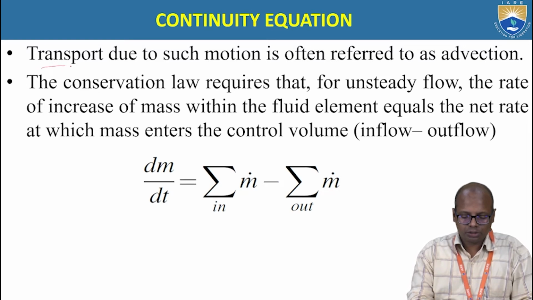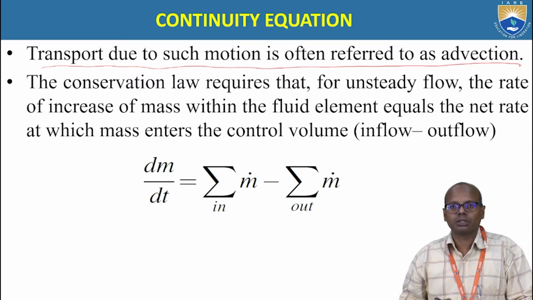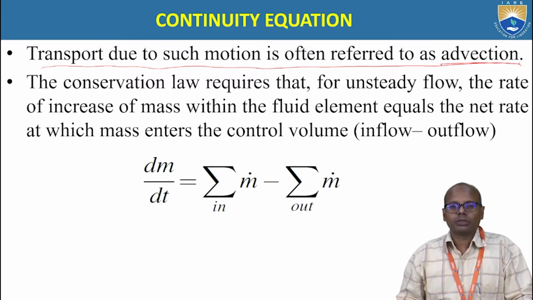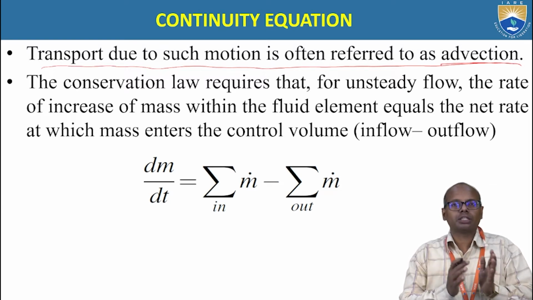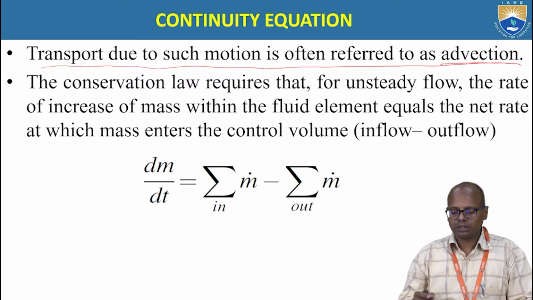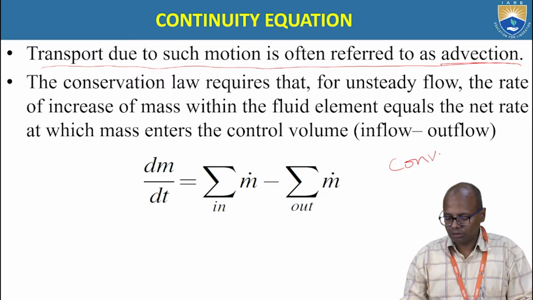The transport due to such motion is often referred to as advection. So if you ever come across the term advection, it means the transport of mass. The transport of mass is advection here. Now, you know the term called convection. What does convection mean?